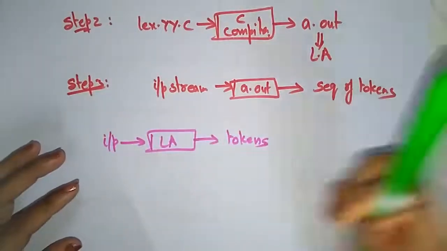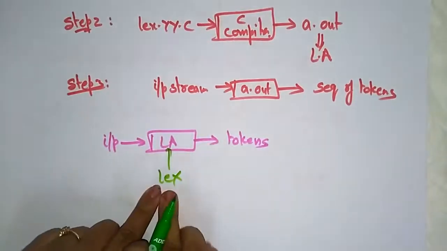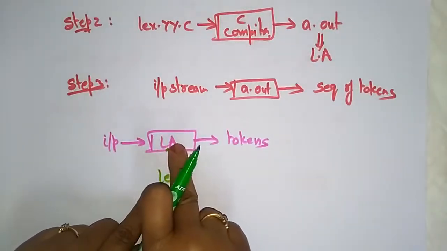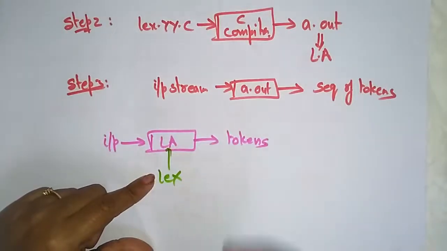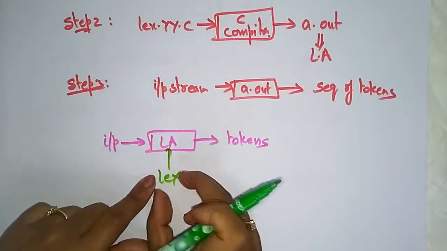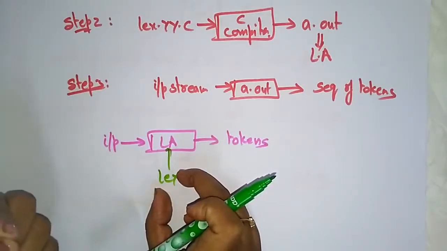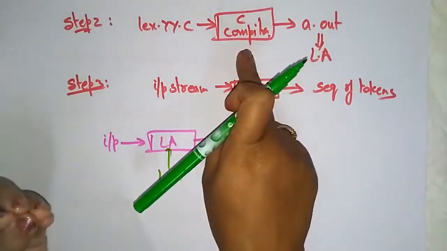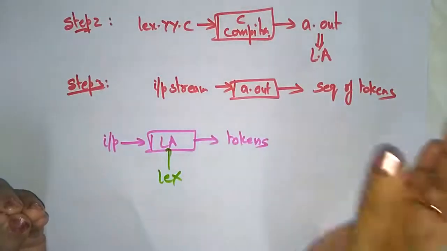But with the help of the Lex tool, the tokens are generated automatically. How? With the help of the Lex compiler and the C compiler, it produces exactly what the lexical analyzer wants.